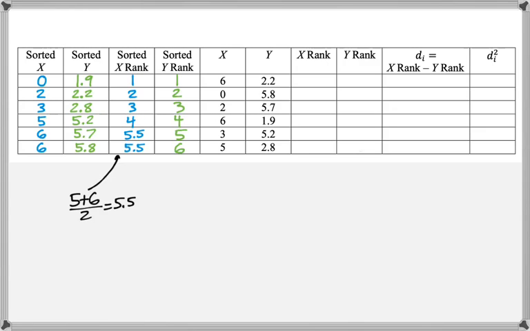Now we need to reorganize the ranks to correspond with the original order of the x and y values. So 1 is the rank of 0, which is here. 2 is the rank of 2, which is here. 3 is the rank of 3, which is here. 4 is the rank of 5, which is here.